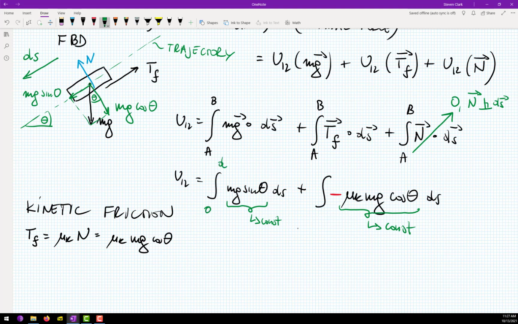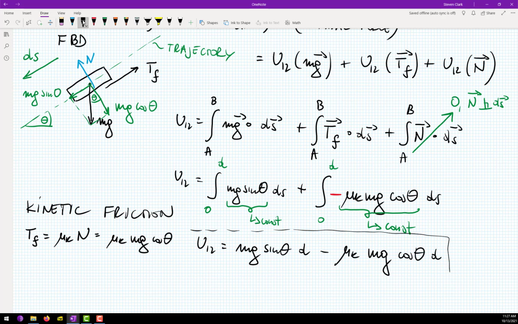So our U12 is equal to mg sine theta D minus mu k mg cosine theta D.